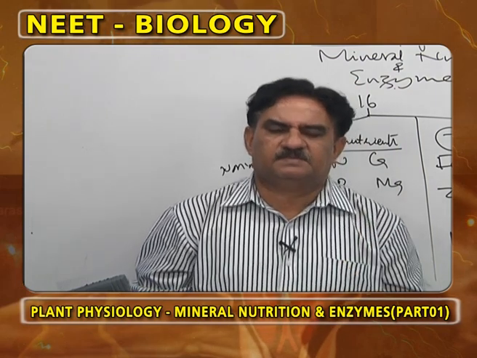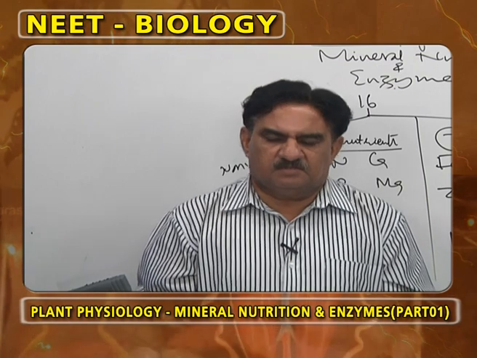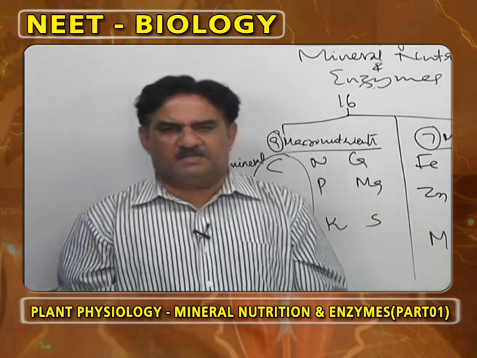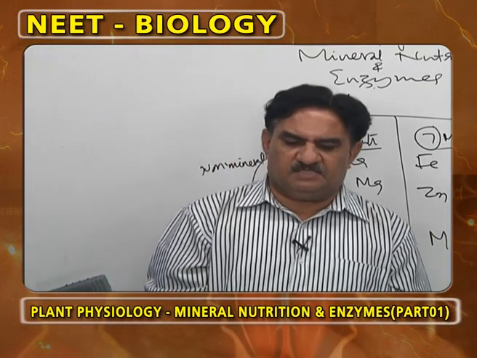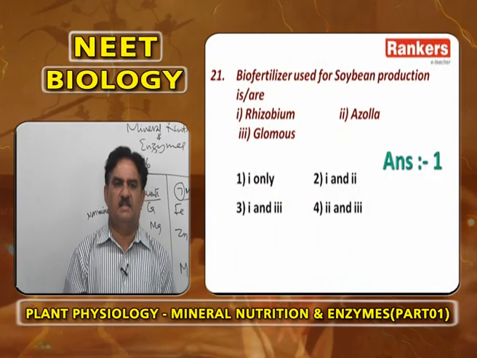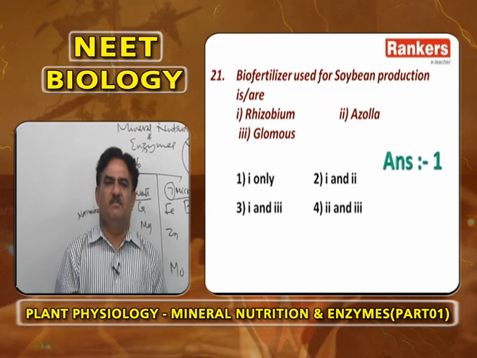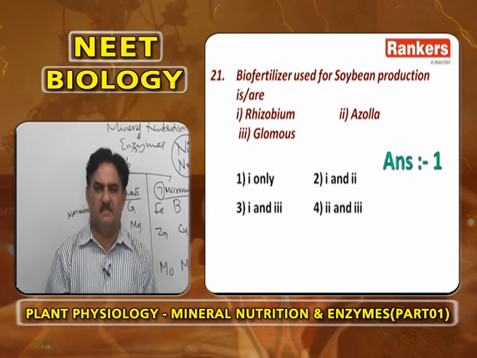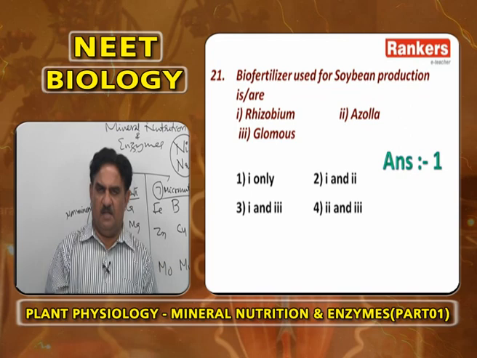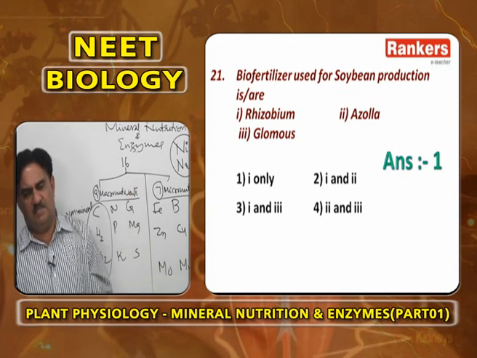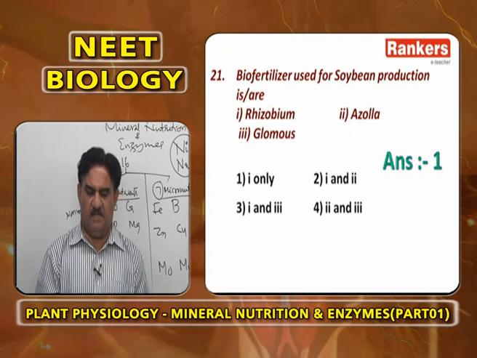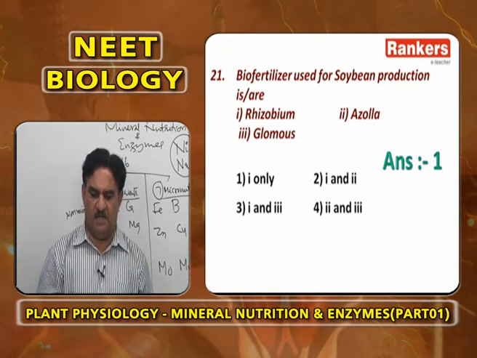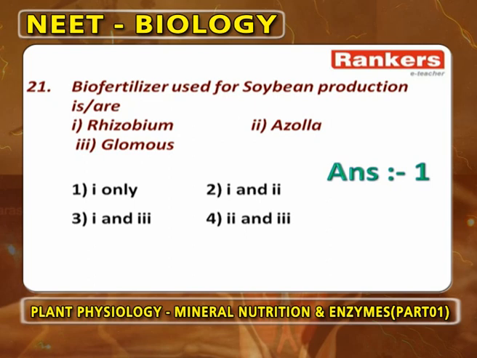These are the 5 crops which glomus increases. Glomus is nothing but mycorrhiza. One is rhizobium, which is normally found in leguminous plants. Glomus, a mycorrhiza, helps in increasing phosphate absorption from the soil and thereby increasing production in soybean. So 1 and 3 is the answer.